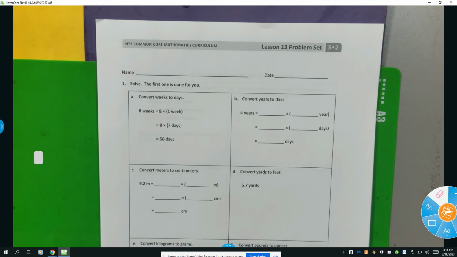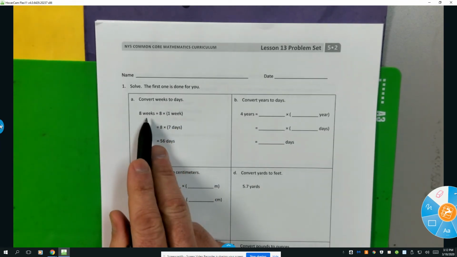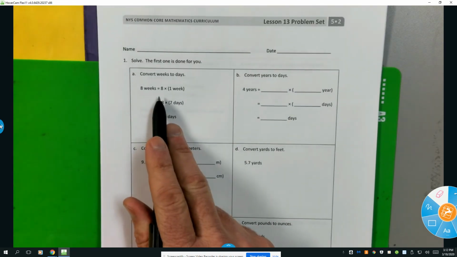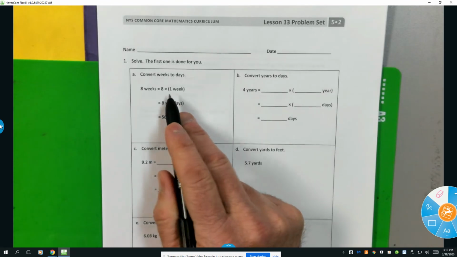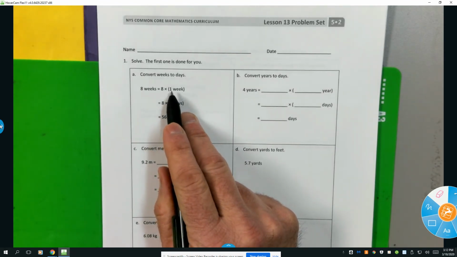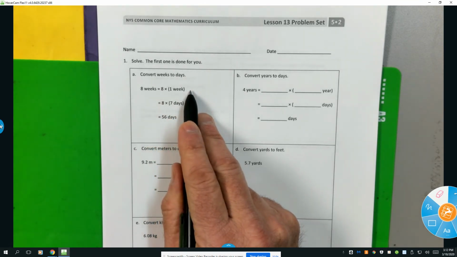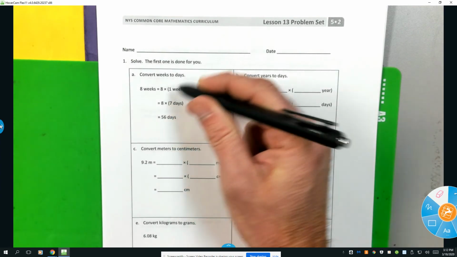Okay, so first thing we're doing is we are going to convert weeks to days. So the book writers want us to figure out how many days are there in 8 weeks. And I want you to pay really close attention to these parentheses. So we have 8 weeks equals 8 times 1 week. Now, whatever's in parentheses is what you are going to convert.